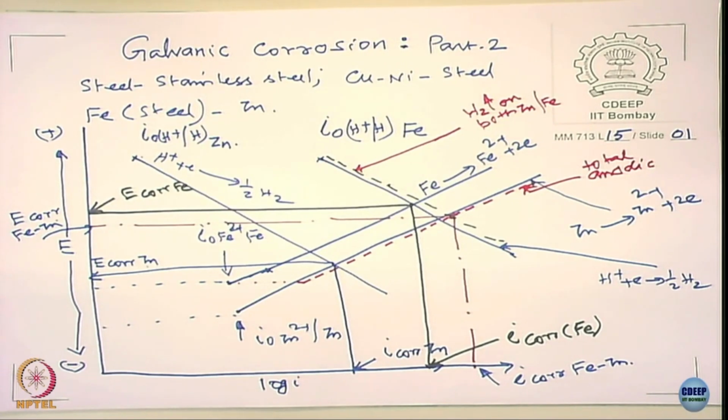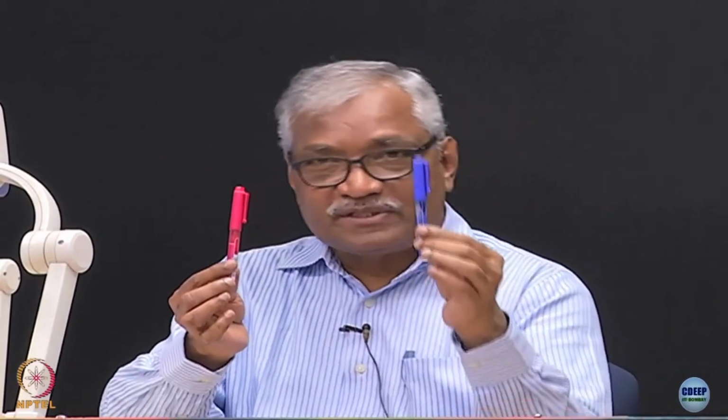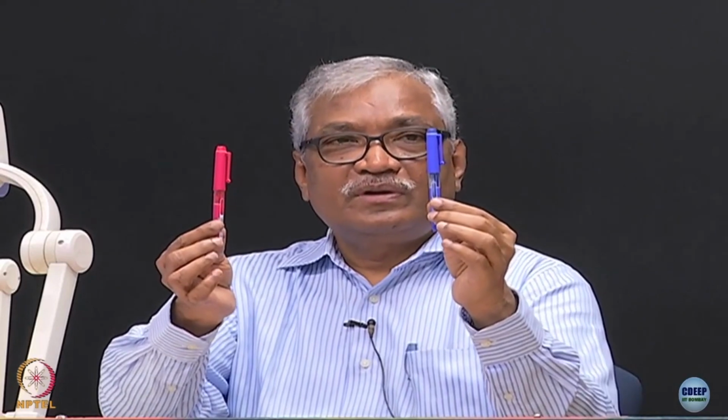I hope these lines are clear to you now. So can you tell me, what happens? I take zinc and I take iron here, and I determine the corrosion potential and corrosion current of each. Now I put them together, I just short them like this.